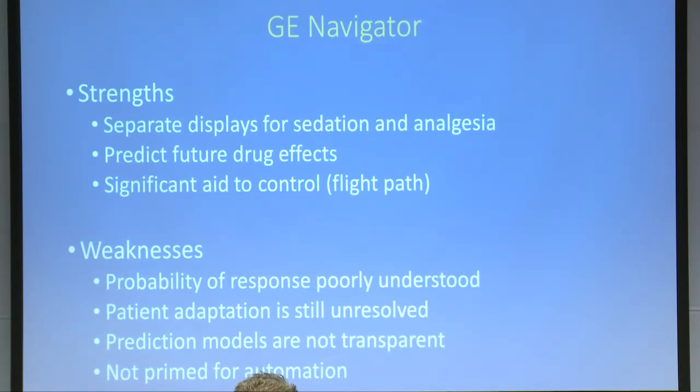The navigator does not show the processed EEG alongside the information on drug kinetics. And then the prediction models are not as transparent as they would be if we showed the entire surfaces. And the navigator, as I understand it, is not primed as well for automation. In the Draeger-Zeus machine, you have a bank of infusion pumps that are all interfaced and easy to control, and that would be an advantage.